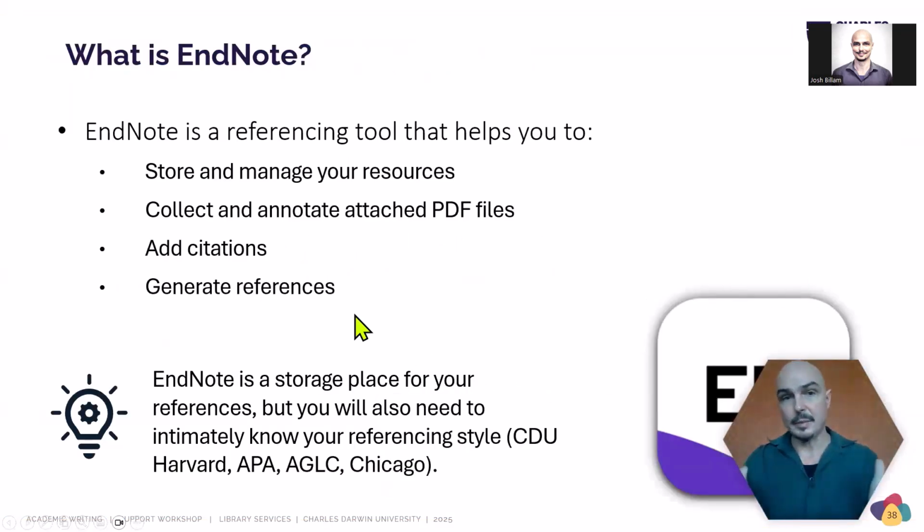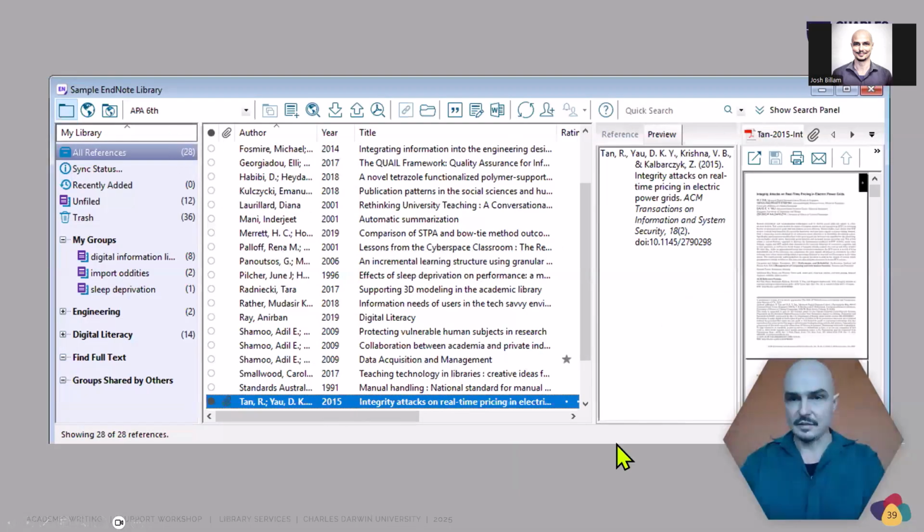So I'm not an expert in EndNote. If you want to become an advanced user, book an appointment with an academic and research librarian. But essentially, it's a referencing tool that helps you store and manage your resources, and it'll make your citations and references for you. So it looks something like that.